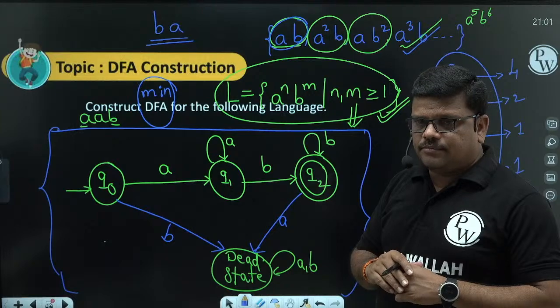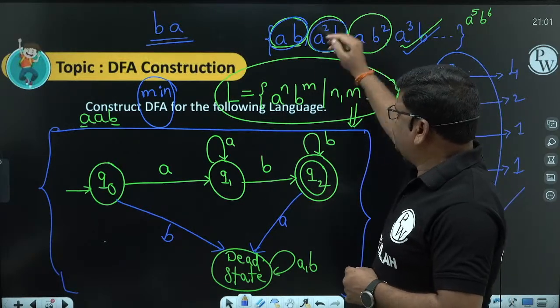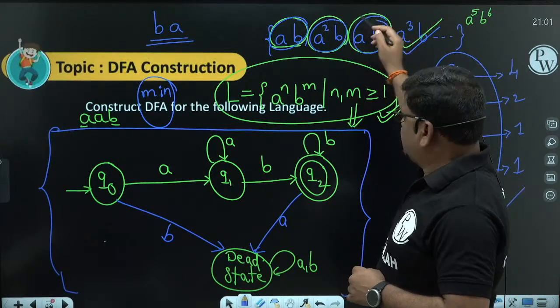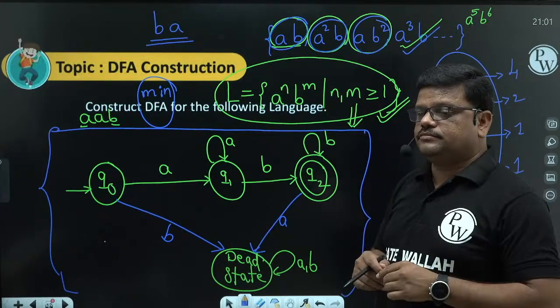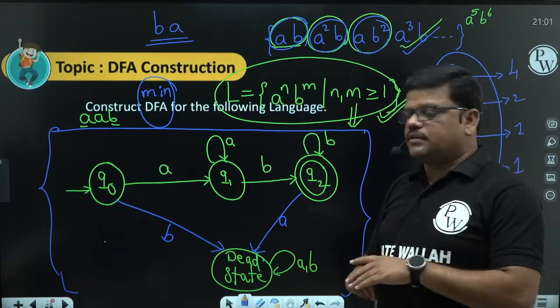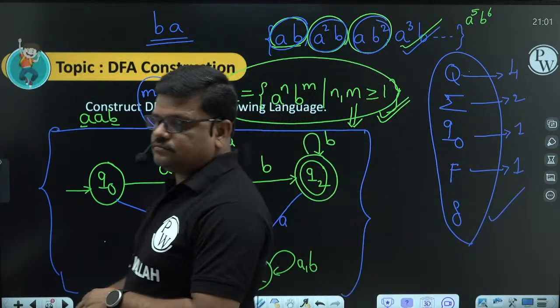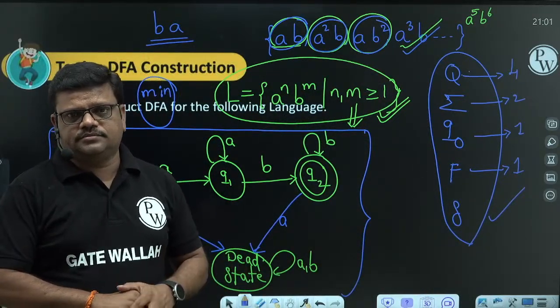In order to accept this, provide transitions and states. Take the second string. To accept this, provide transitions. To accept the third string, provide transitions and states. Like this, after accepting every string, any missing transitions, give them to the dead state.